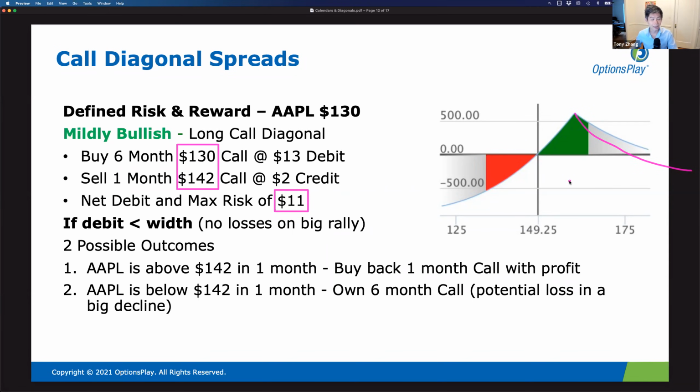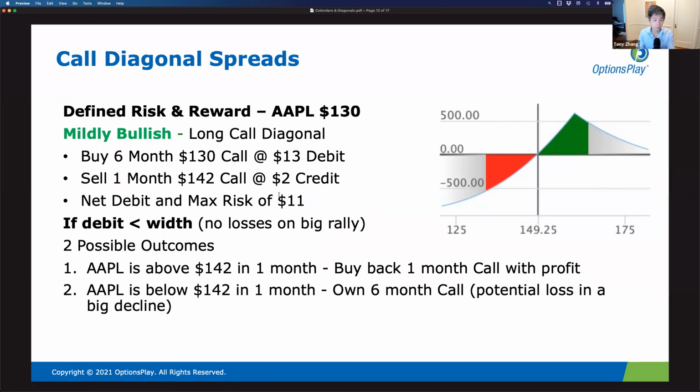So when you're trading a diagonal spread, I usually try to trade a diagonal spread where the debit that I'm paying is less than the vertical width, because that way, even if the stock was to rally substantially higher than I had expected to, I won't take any losses on that trade. I just simply will have not as high of a profit.